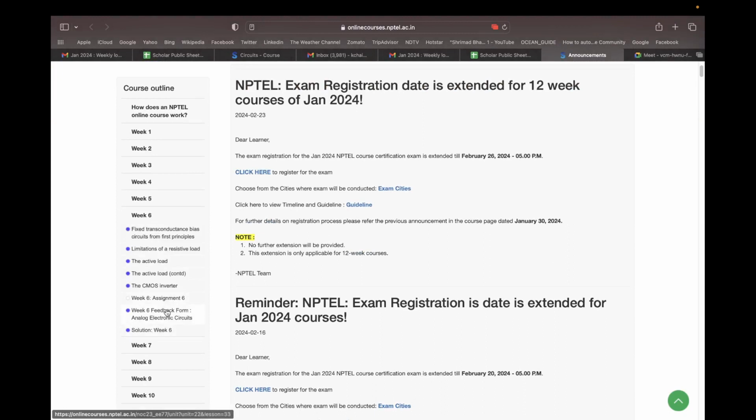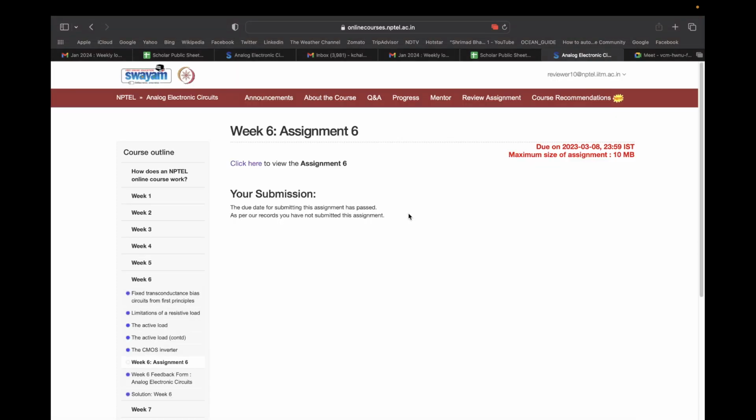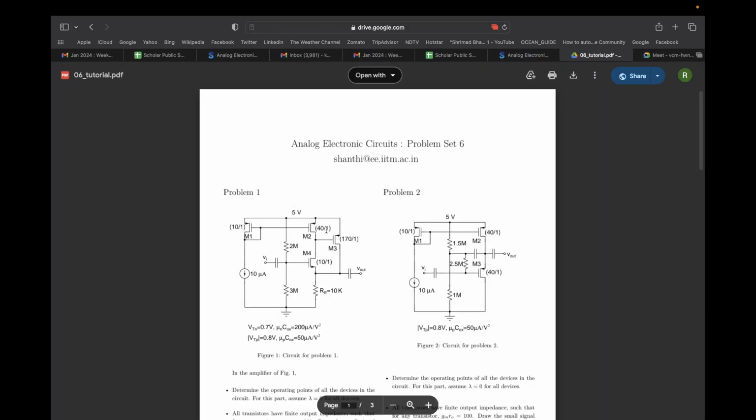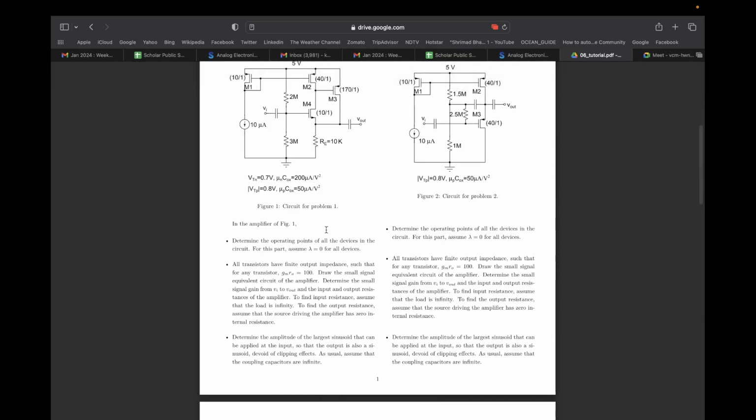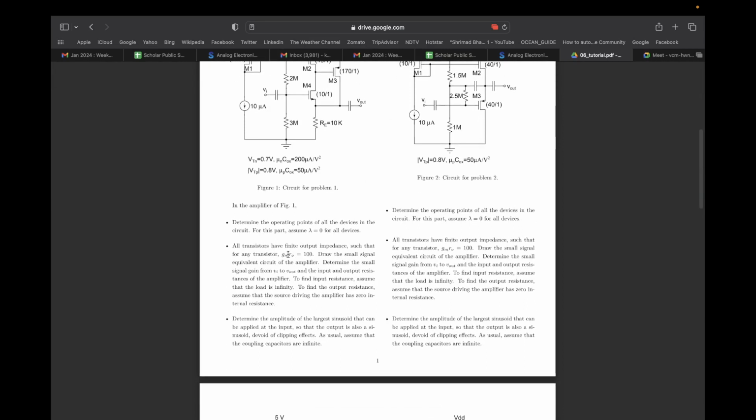So you are saying week 6. For every problem, they asked the gain as GM into RO, where GM into RO is equal to 100.